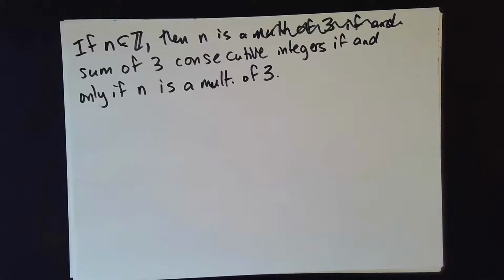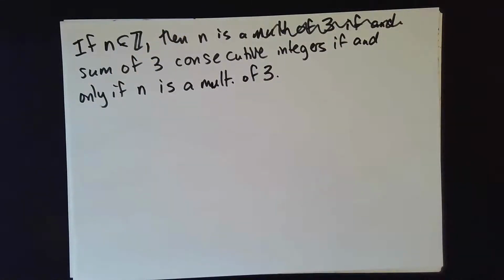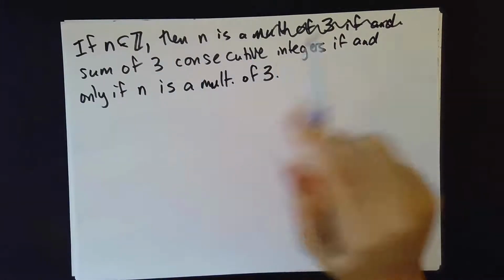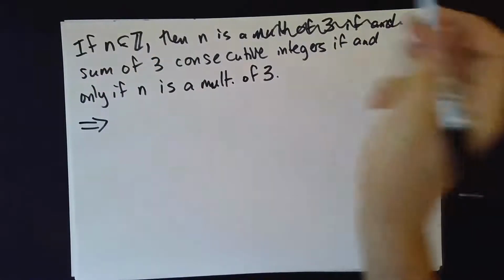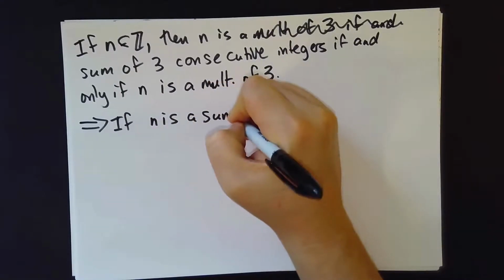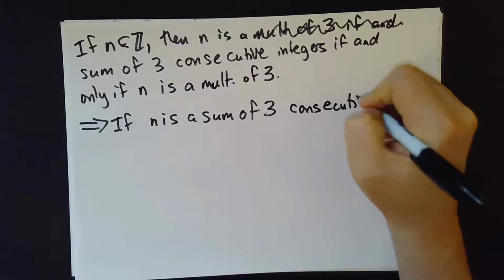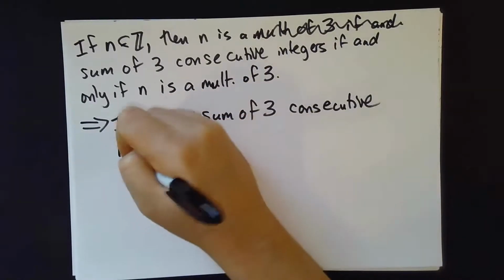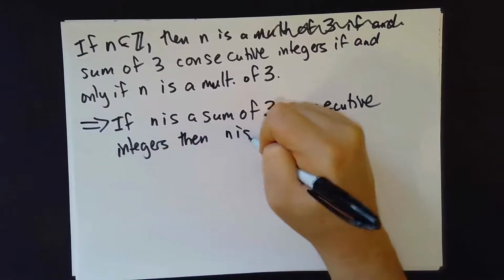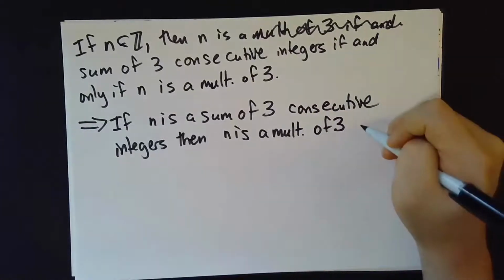Okay, so you said you had the forward direction, which was if n is a sum of 3 consecutive integers, then n is a multiple of 3. That was the one you were happy with?